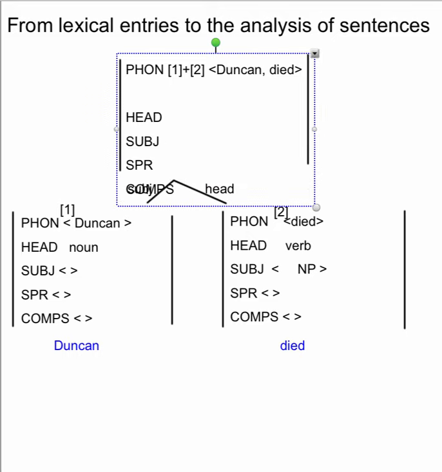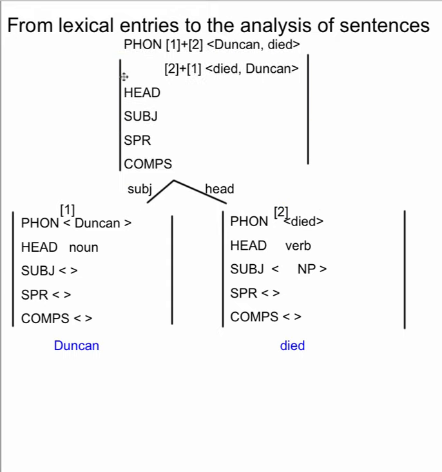So it would be number 2 plus number 1, which is died Duncan. Of course, the second one is not what we want to have, so we will need another principle to get rid of that.